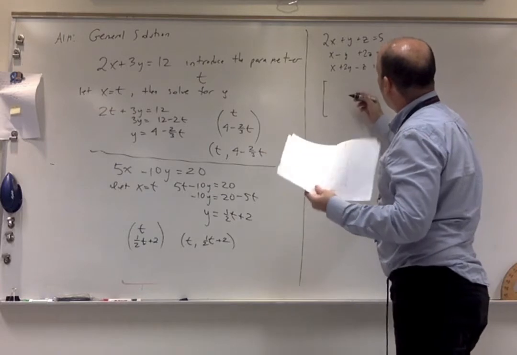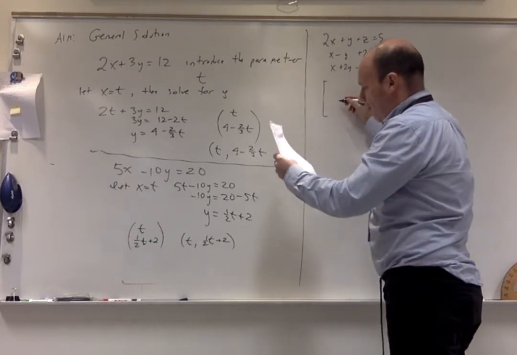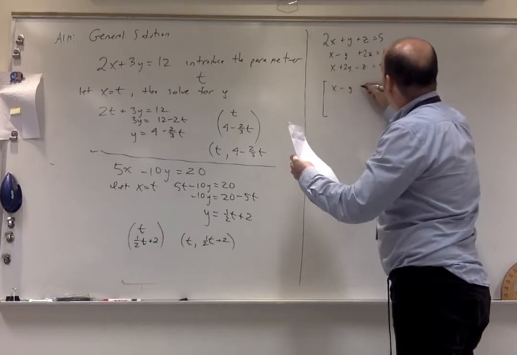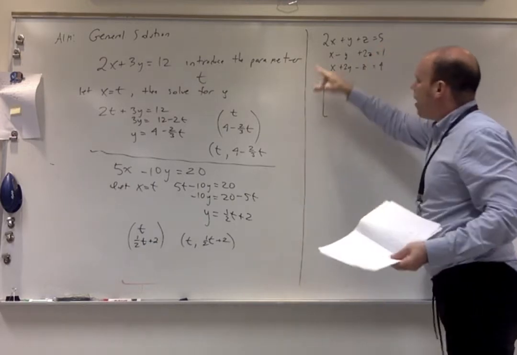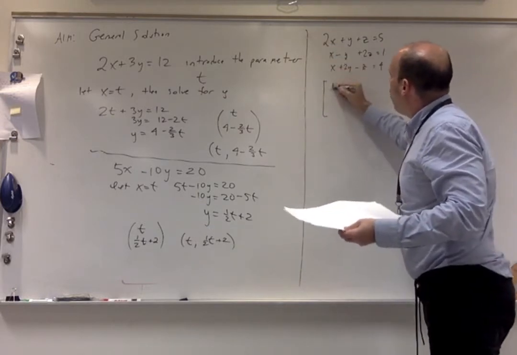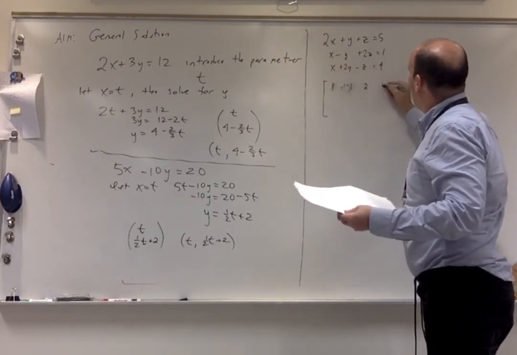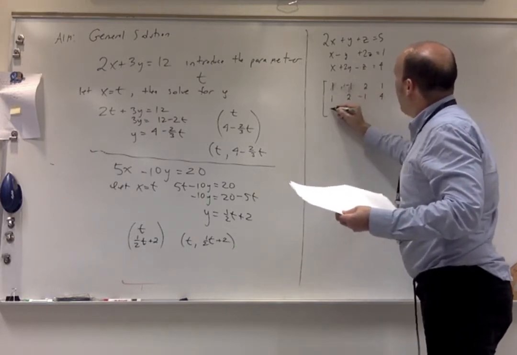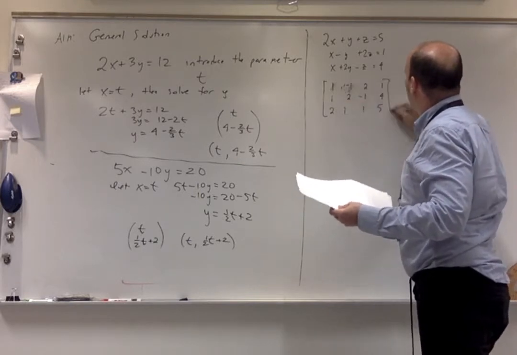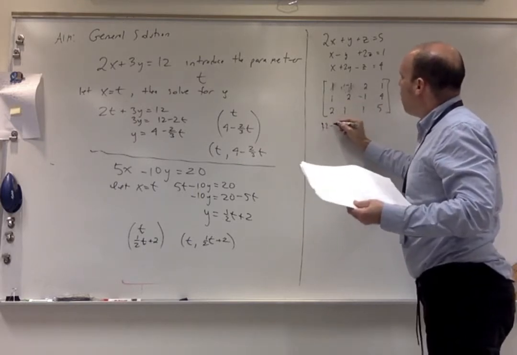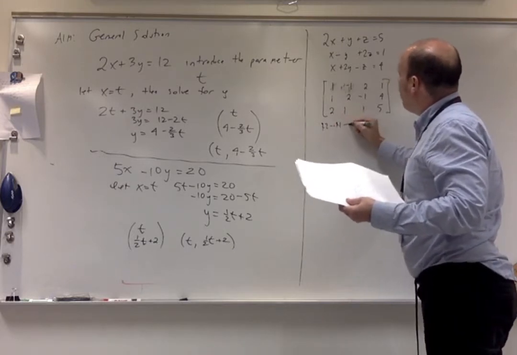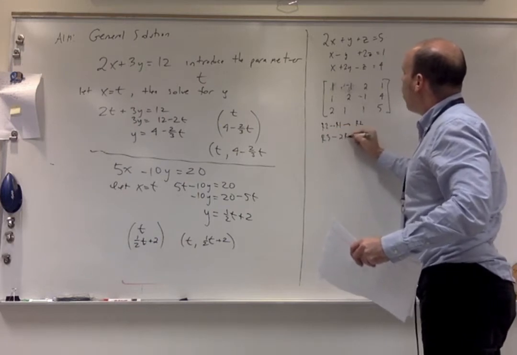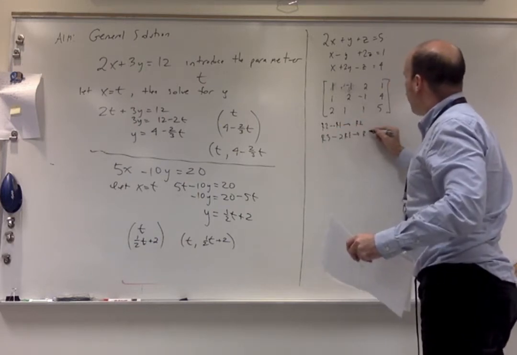Let me manipulate it a little bit. Remember I said put the 1 on top. So I'm going to write 1, negative 1, 2, 1; 1, 2, negative 1, 4; and then 2, 1, 1, 5. I'm going to do row 2 minus row 1 as my new row 2, and row 3 minus 2 times row 1 as my new row 3.